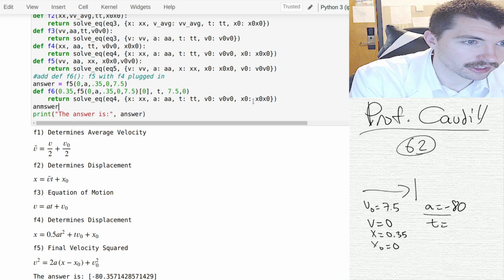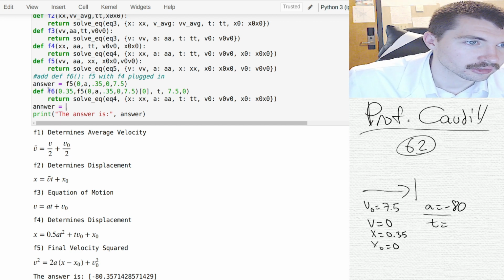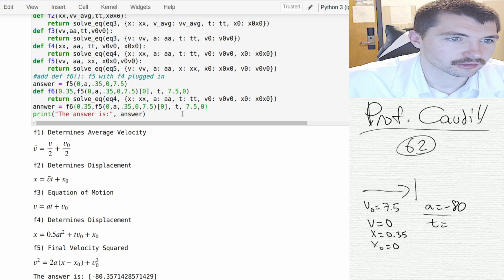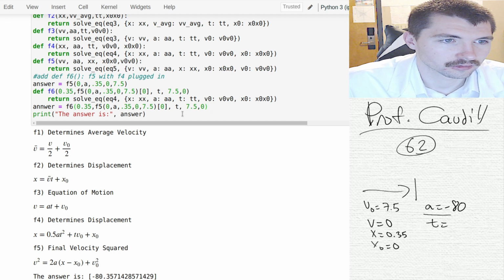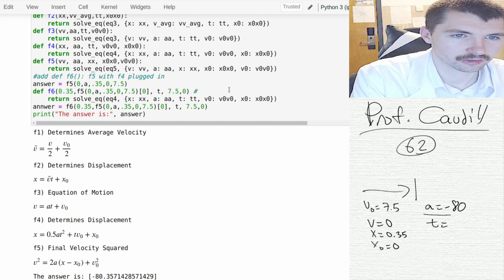And I can just rename it. Answer is that, if I'm using F6. Maybe I shouldn't. Using F5.